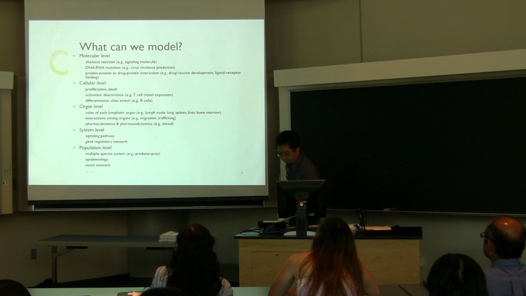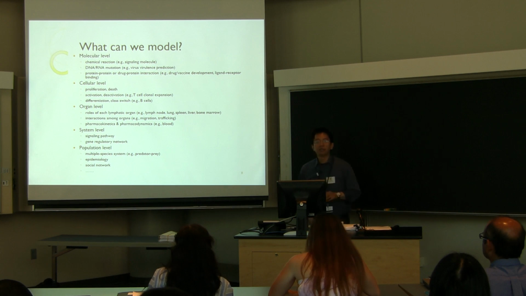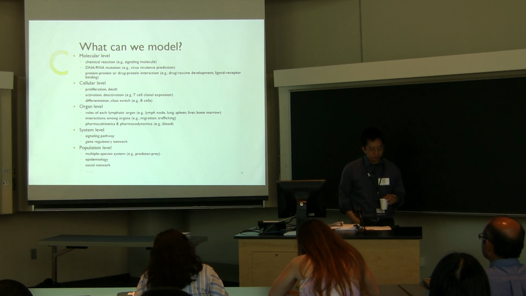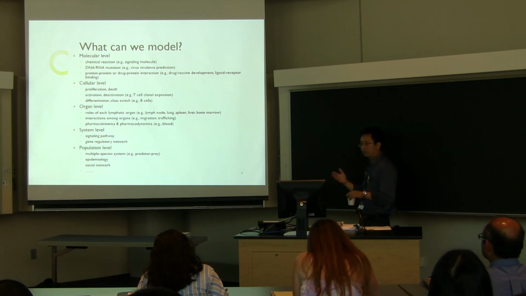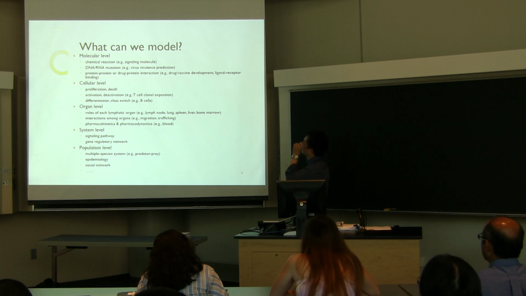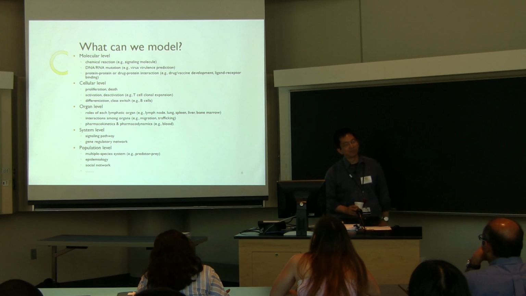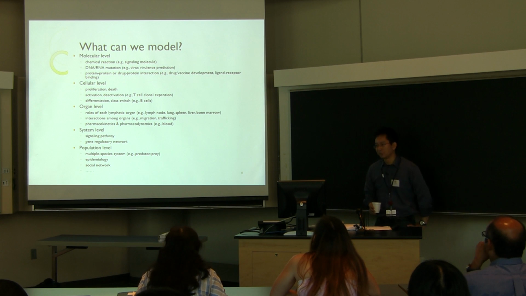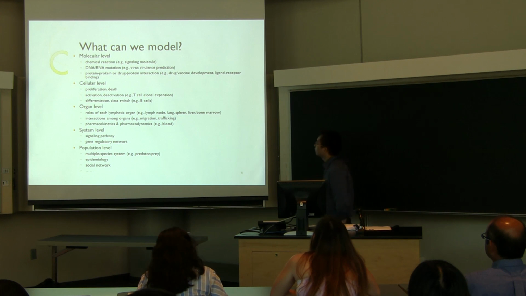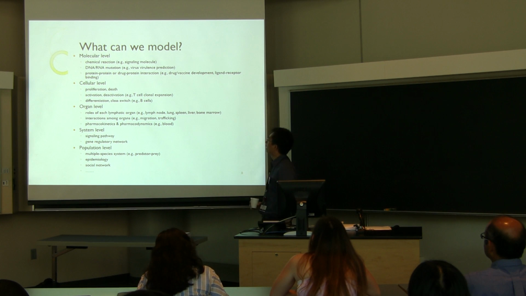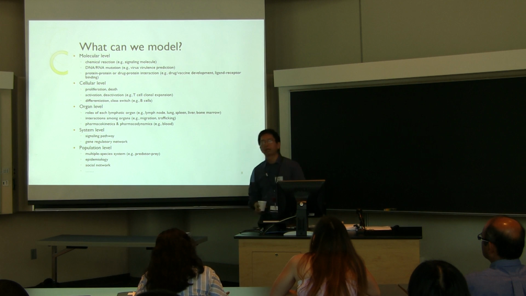So now, after we know what the models can be used for, let's look at what we can actually model. Like I just mentioned, there are tons of things we can model. At the molecular level, you can model chemical reactions, for example the interactions between signaling molecules, by doing molecular dynamics.